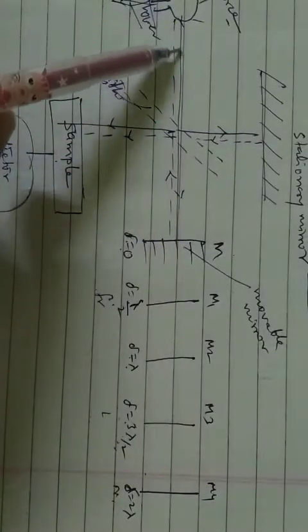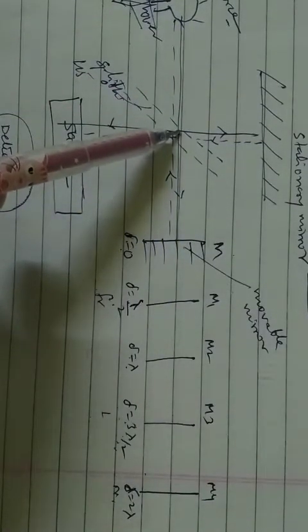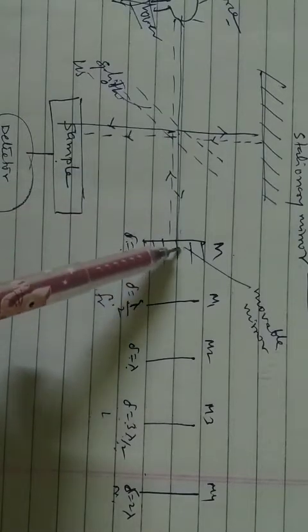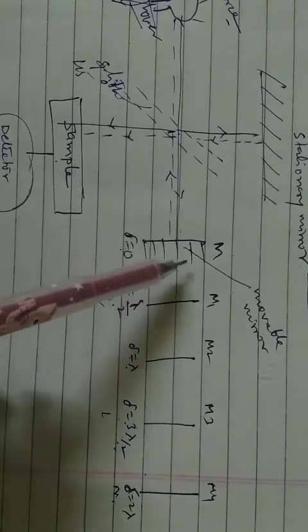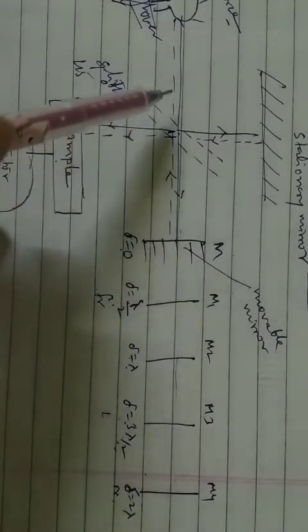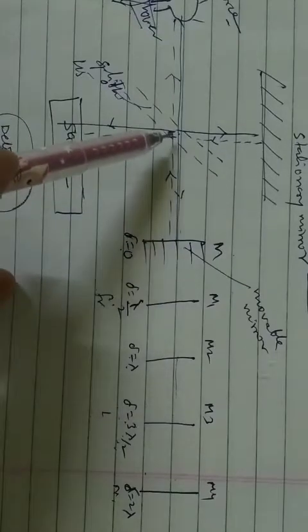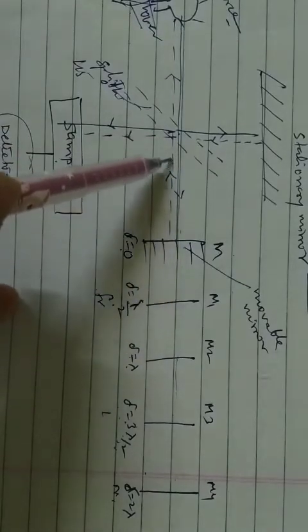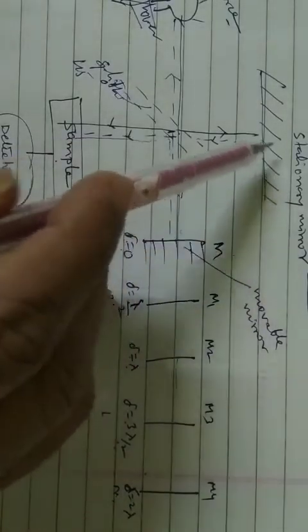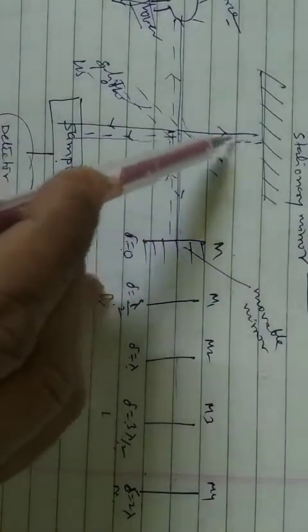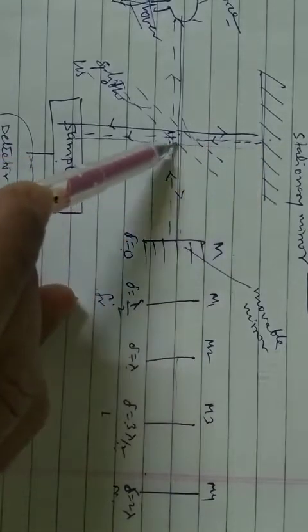The radiation passes through and falls onto this mirror, which has different orientations, and comes back. Some is non-deflected and comes back, and some of the radiation is deflected. Some goes to the stationary mirror, hits it and comes back.